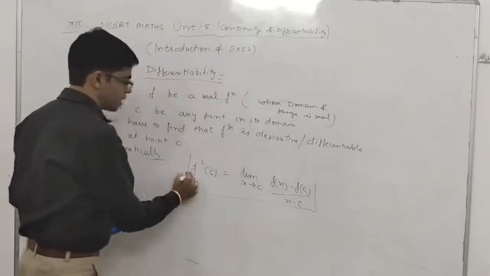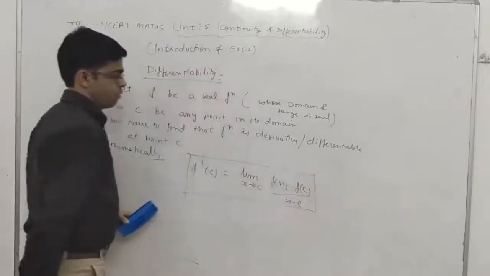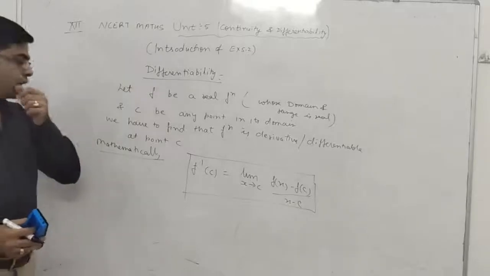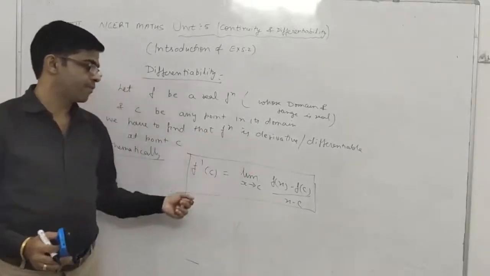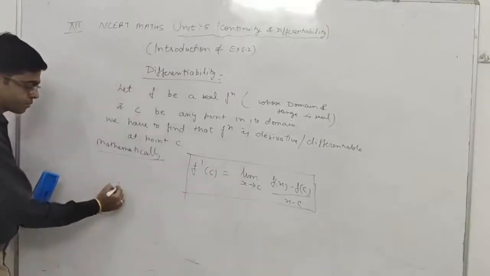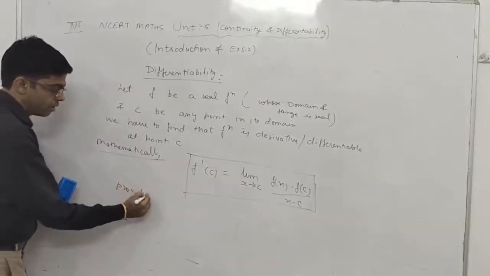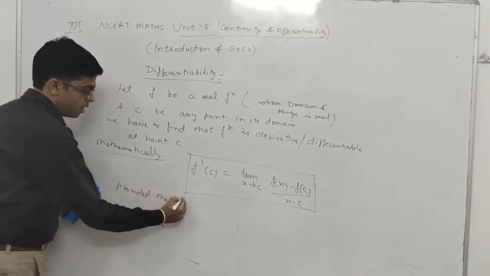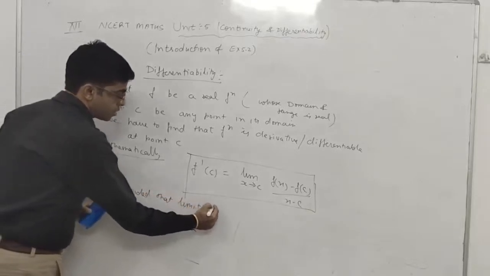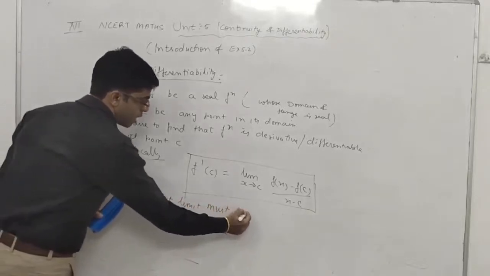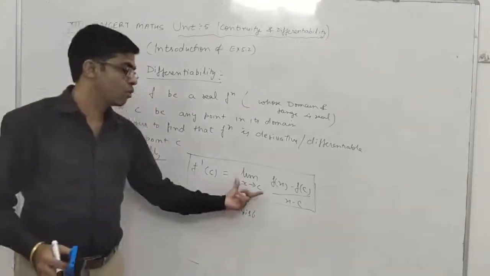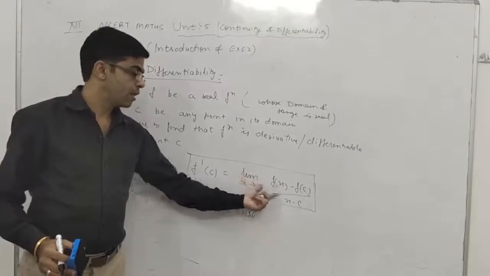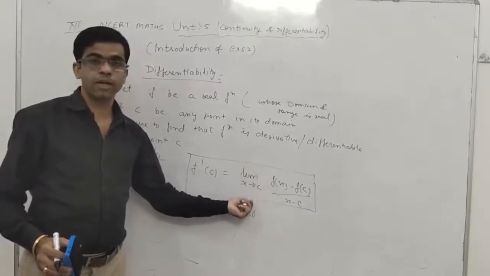Using this concept, we will check that the function is differentiable at point c, provided that the limit must exist. If the limit does not exist, we cannot find the derivative.